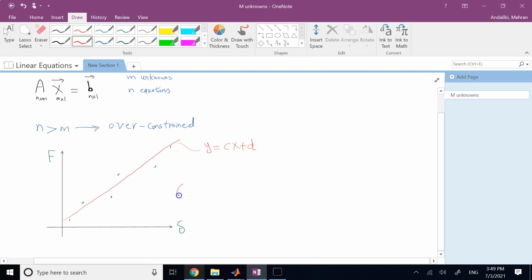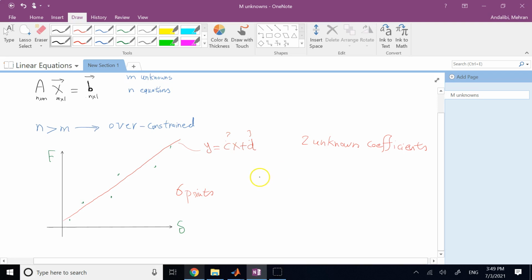So here you have 6 points, which corresponds to 6 equations, and then you only have 2 unknowns. So clearly, you cannot pass this line through each and every one of those points, because all you can vary are these 2 parameters, 2 unknowns, and you have to fit 6 equations.